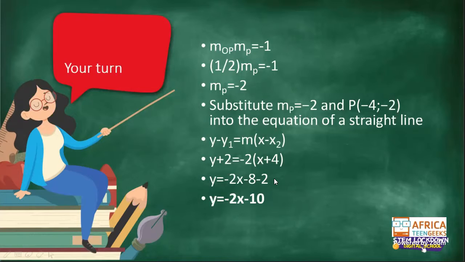So in here, your y1 here is -2, and your x1 here is -4. That's why you see that you have y plus 2 equal to -2 bracket x plus 4. And you'll have y equal to -2x minus 8 minus 2. Therefore, the equation of the tangent line at P is y equal to -2x minus 10.